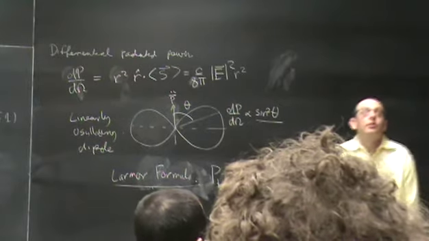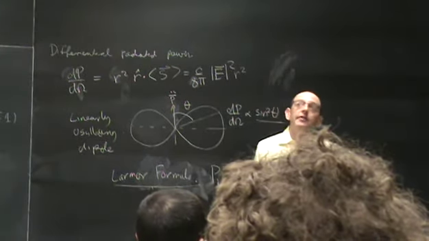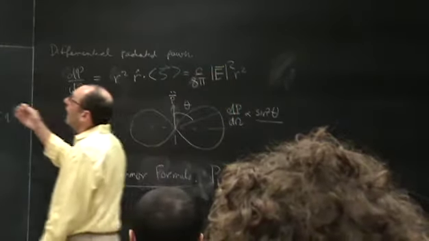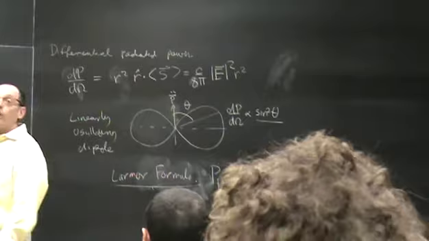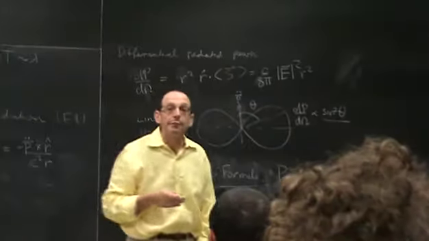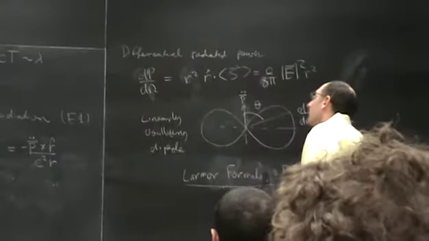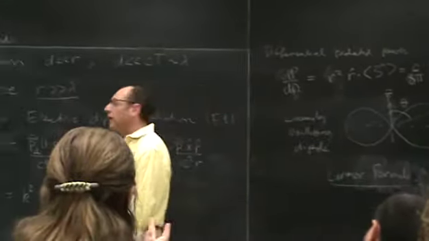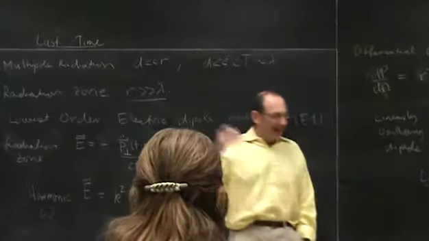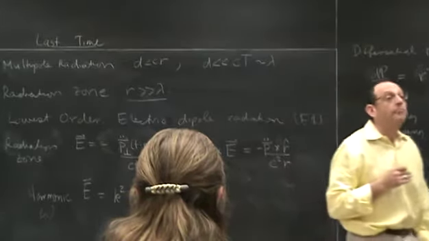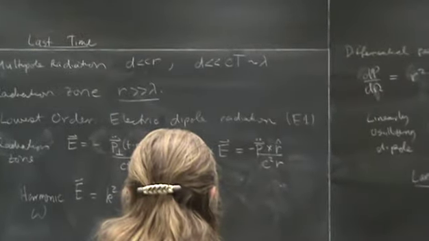So I want to just quickly review, because I think things might not have been exactly clear last time, how we now are looking at higher order multipoles which radiate. Okay? If there is an electric dipole moment that is changing in time such that its second derivative is non-zero, that's the dominant effect.